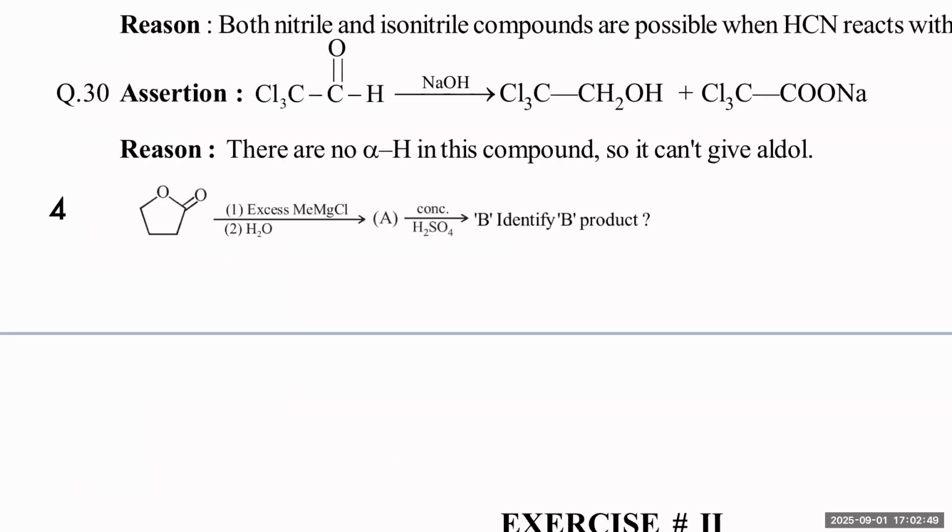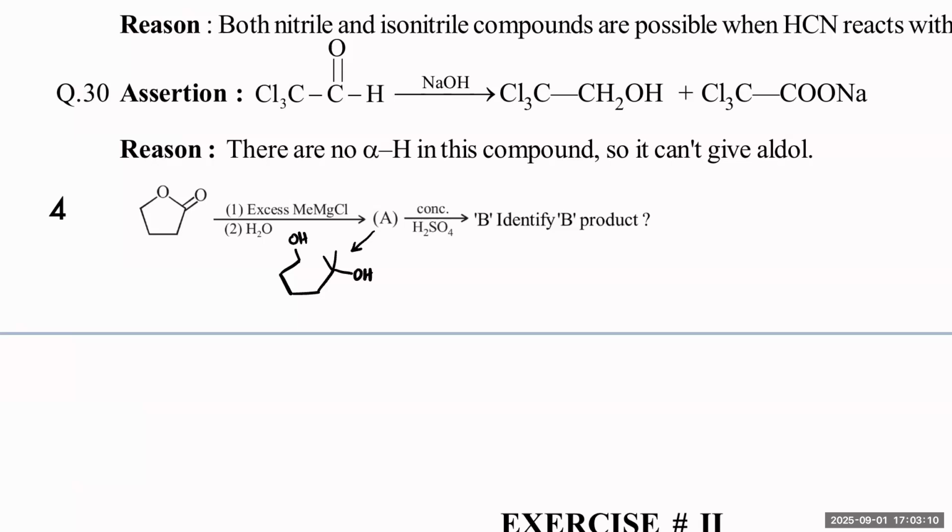So if you notice, excess amount of methyl means this part will definitely become alcohol, and this carbon will have two methyl groups, and then we'll get OH, correct? This is the excess methylation. So because of which you will get two alcohols.